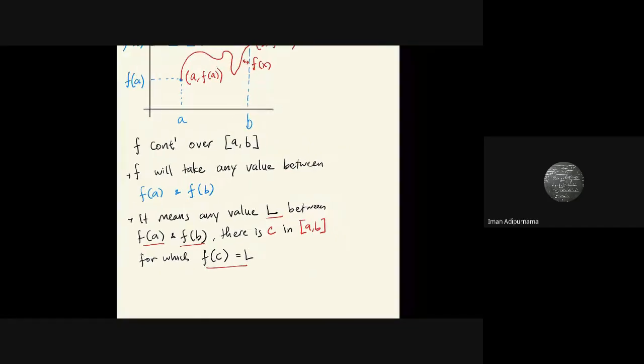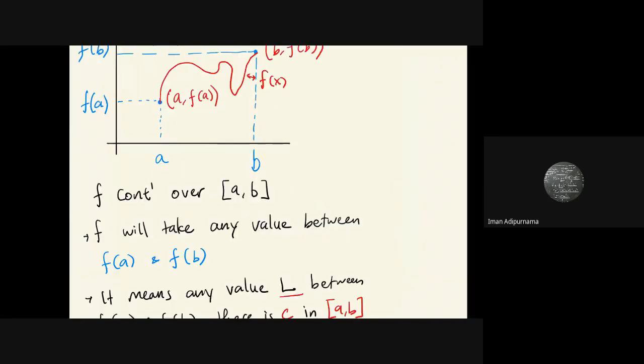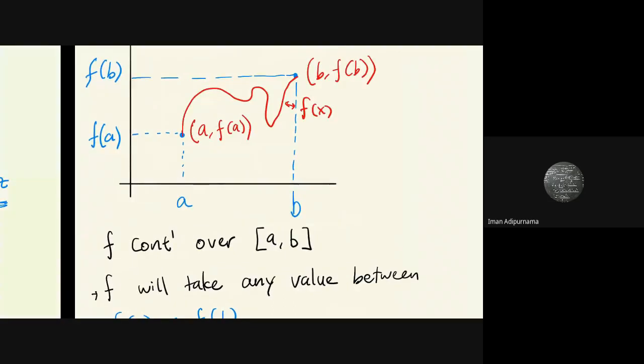Okay, so if you don't understand what it is, just think of this graph. Let's just say we have A, B as our interval, and we have maybe C around here. C is here. And let me draw C up until here.